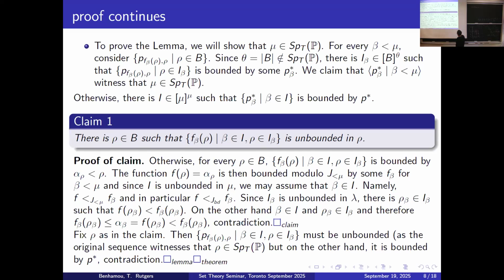It's also unbounded in lambda, because it's not a mistake, but I beta was chosen to be in B theta, and B is a subset of lambda of order type theta. So I beta is unbounded in lambda.